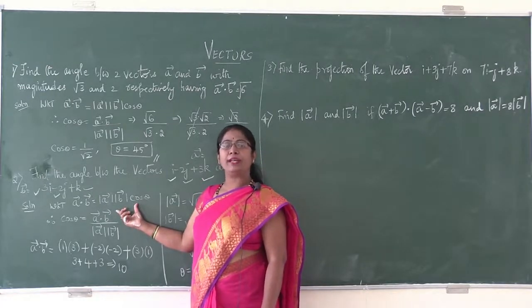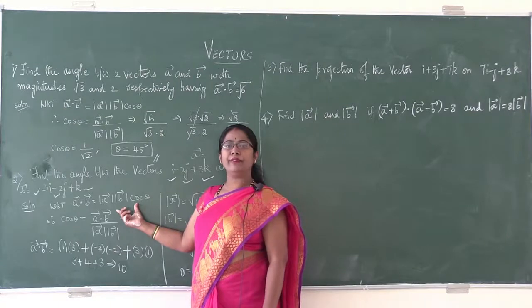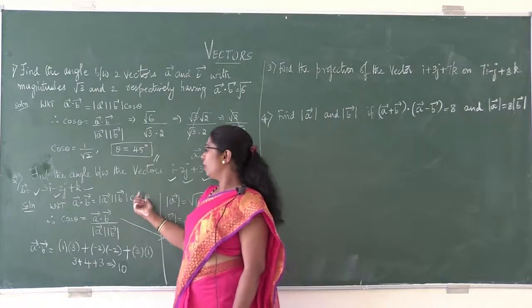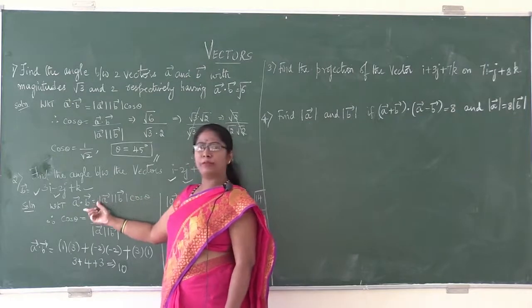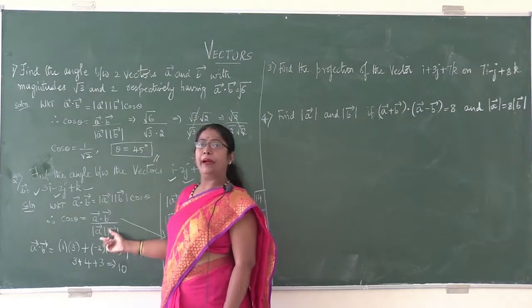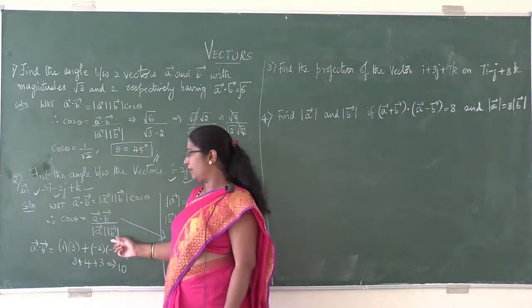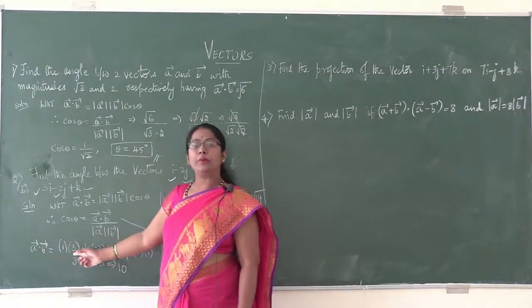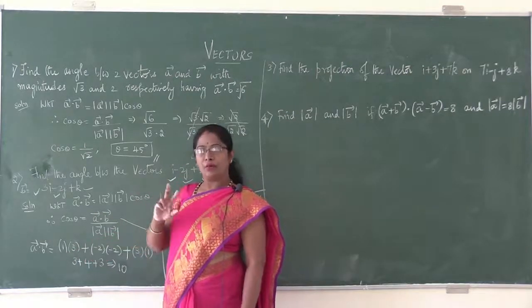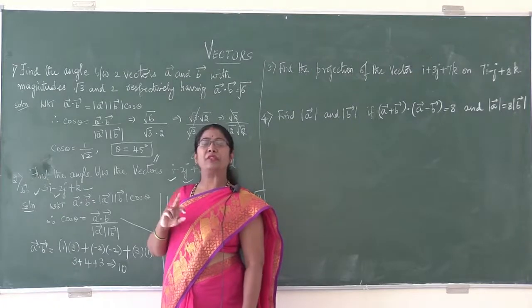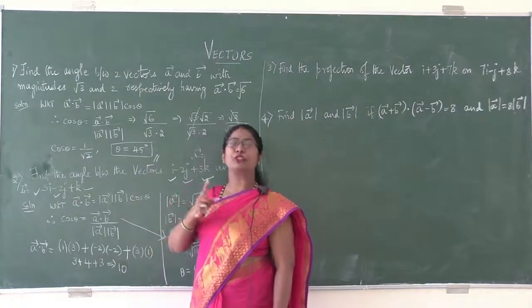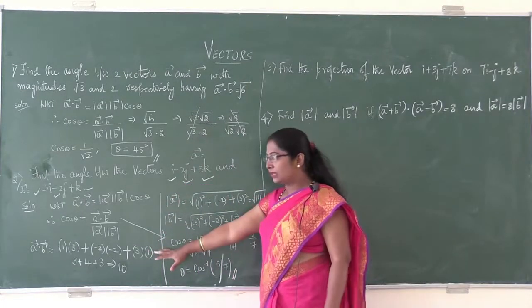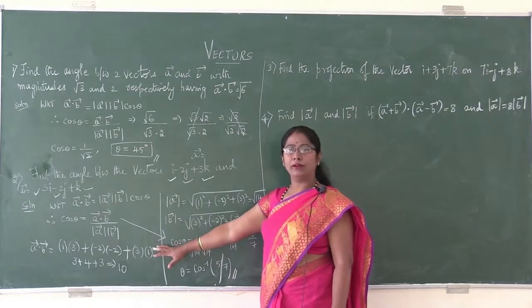Vector A dot vector B is given by the magnitude of vector A, times the magnitude of vector B, into cos theta. So from this definition, cos theta is A dot B divided by the magnitude of vector A and the magnitude of vector B. How do you find A dot B in terms of components? The coefficients of i, j and k have to be multiplied and added, and the resultant answer is called vector A dot vector B.